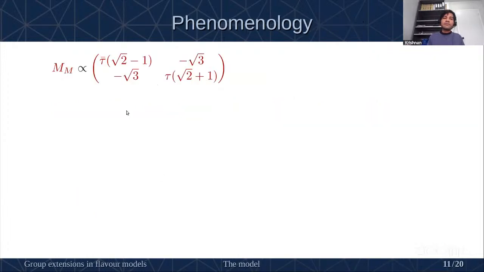Now this is the Majorana mass matrix, and if you want a full model, you also have to construct the Dirac mass term and the charged lepton mass matrix. Each of these will have several steps like that, and that would take the same amount of time, so I will skip through all of that.